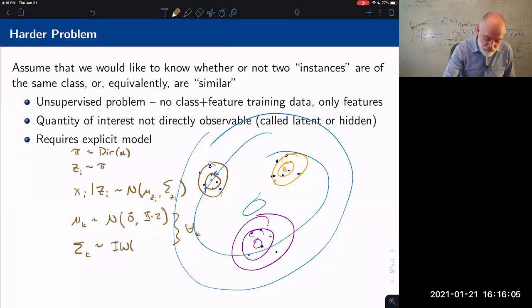This could be inverse Wishart. If you're unfamiliar with the inverse Wishart distribution, it doesn't really matter that much, except to say that you should know that it's there, and that the multivariate normal inverse Wishart distribution is a conjugate distribution for the mean and covariance matrix of a normal distribution. So there's an inverse Wishart distribution. It's got some parameters, doesn't really matter.